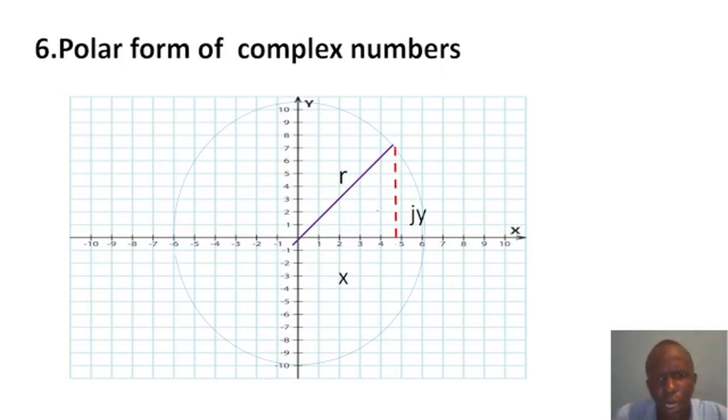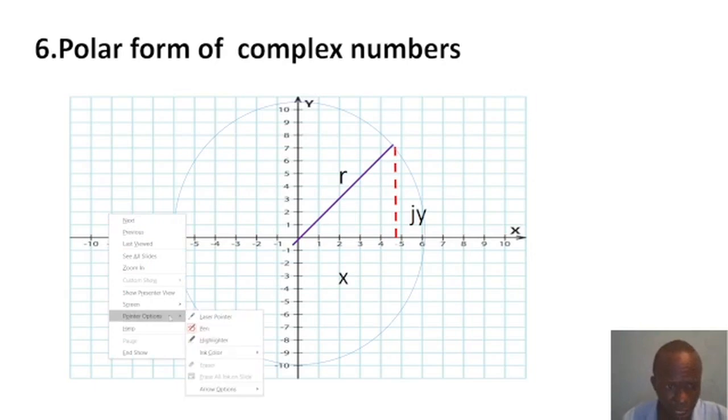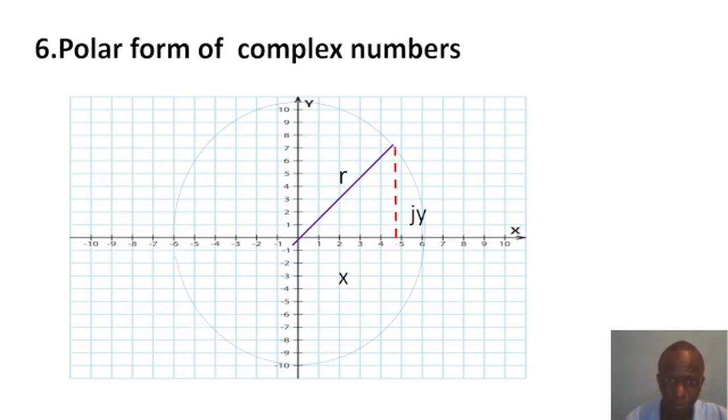Now, we have seen how a complex number can be represented in the Argand diagram. The next thing that we are going to do is expand on that. And how are we going to do it? You remember me mentioning the angle?